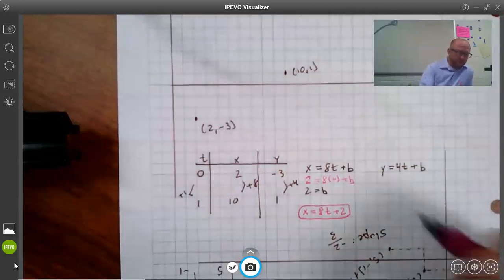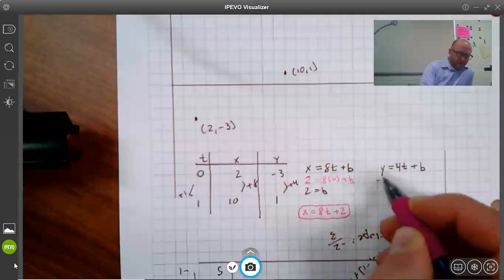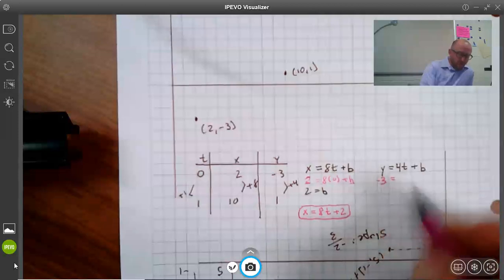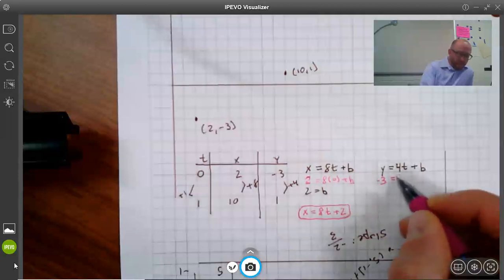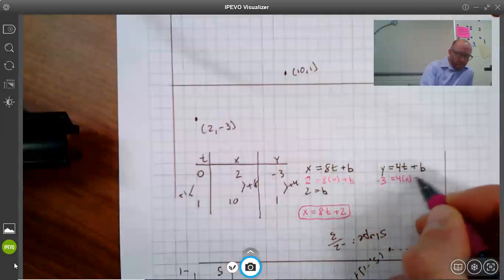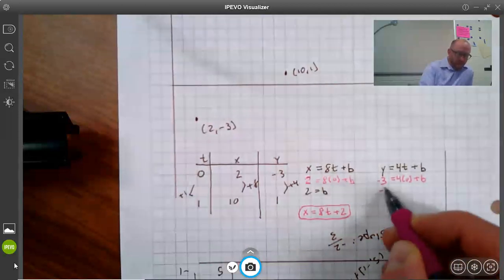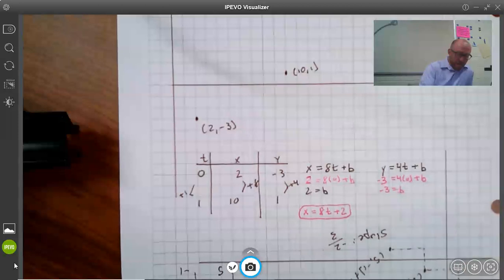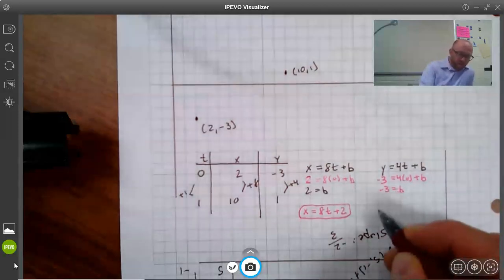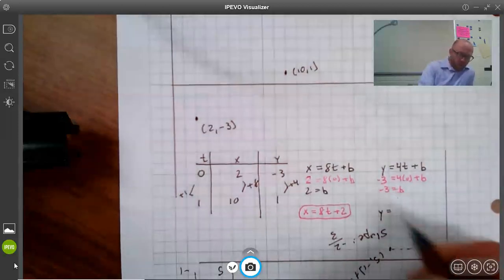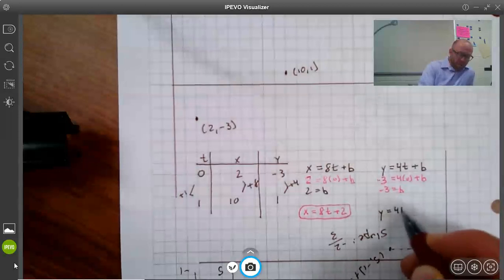To figure out what that something is, we'll plug in -3 for y and 0 for t, and we end up with -3 equals b, and so our equation is y equals 4t minus 3.